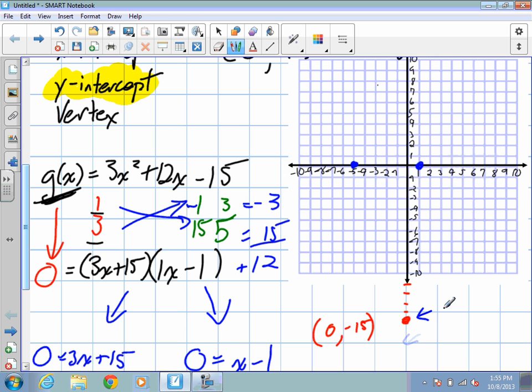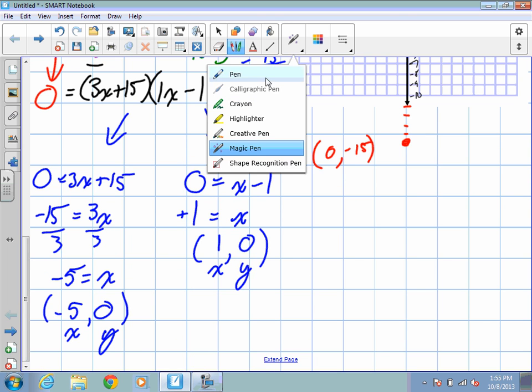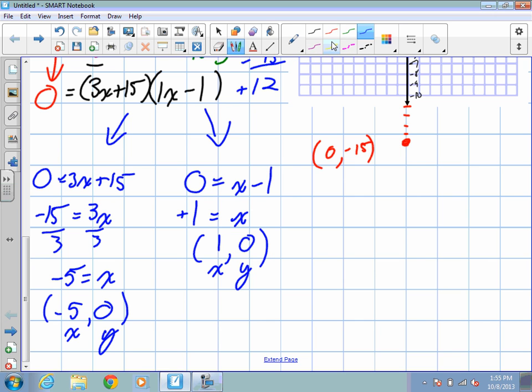So, let's try to find our vertex. To find a vertex, we look for something called the axis of symmetry, which is like an imaginary line running through the middle of a graph. Okay, we'll call it the AOS. And the AOS is essentially R plus S divided by 2. The R and S are the X-intercepts. So our X-intercepts are 1 and negative 5.